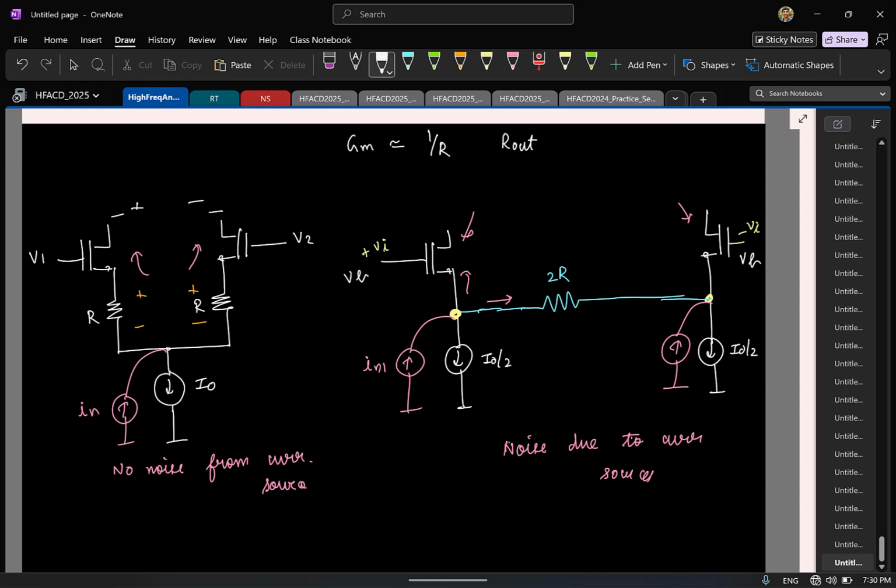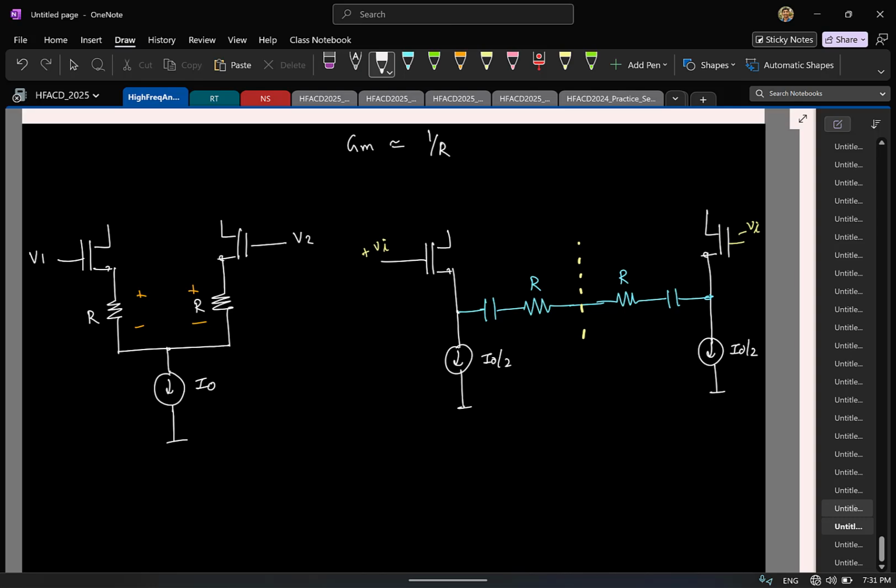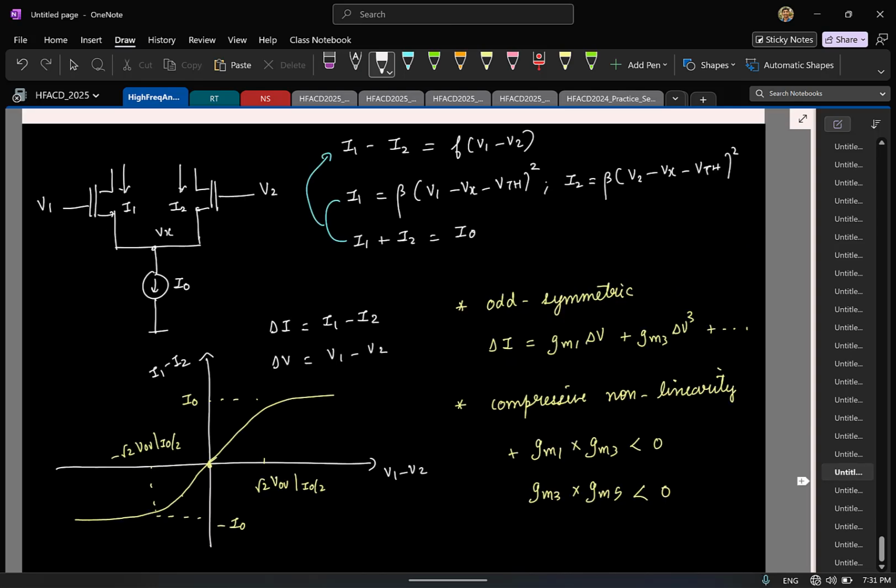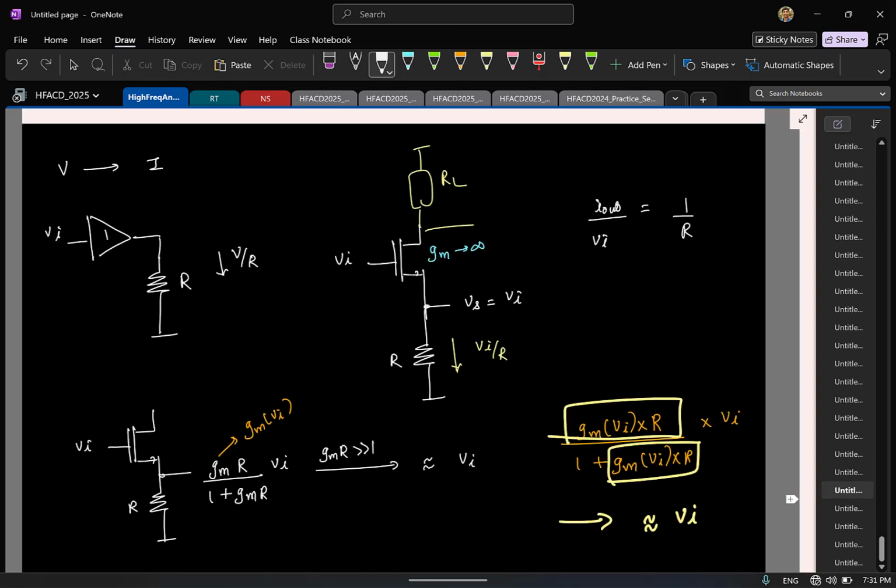And before we wrap up, remember this entire thing was based on the observation we made here. Here the observation made was, if I have a resistor connected to the source, and by the way, this has a jargon.